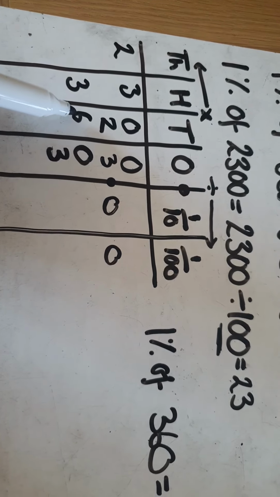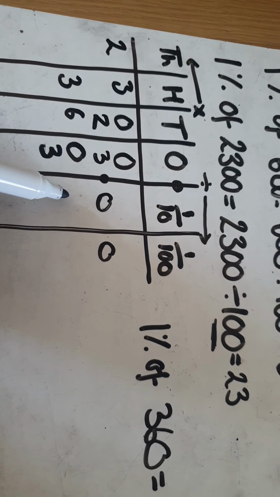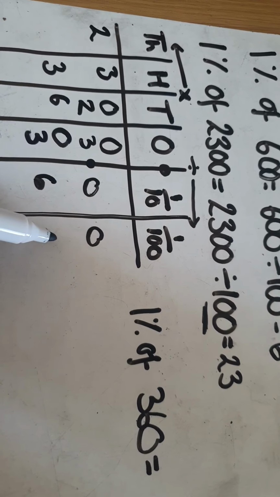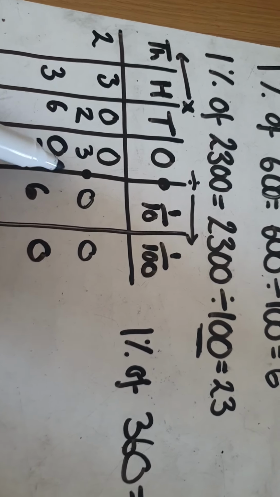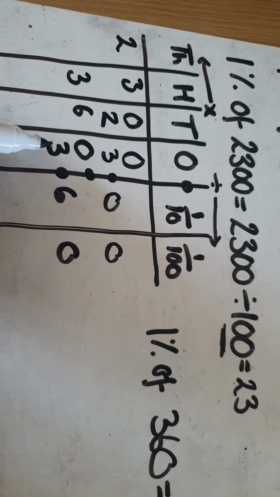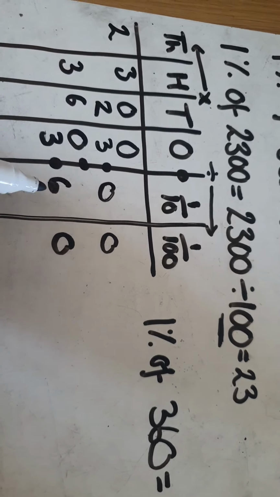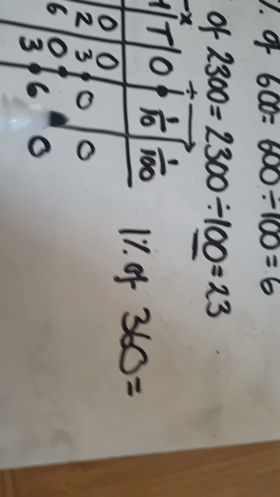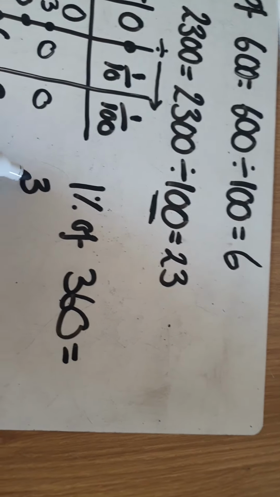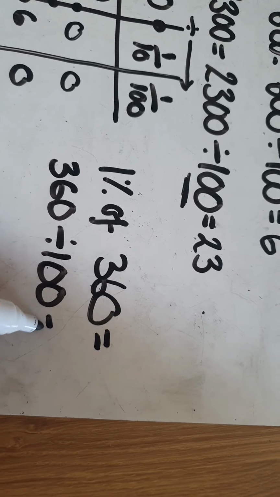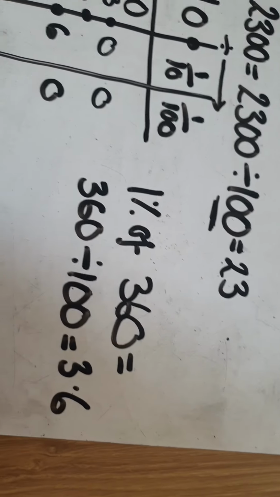The 6 is going to go from the tens to the ones to the tenths, and the 0, if the child wants to, goes from the ones to the tenths to the hundredths. Now we must remember to put in our decimal point. So our number is 3.6, 3 ones, 6 tenths, or 3.60, because some children might want to write the hundredths in. So we did 360 divided by 100, which equals 3.6.